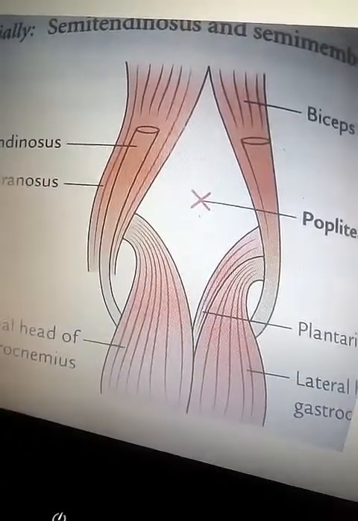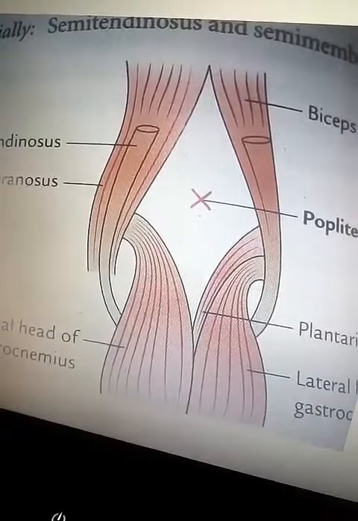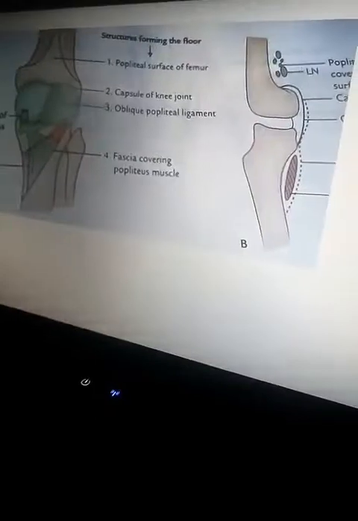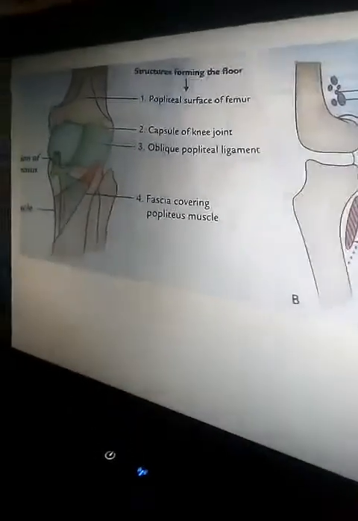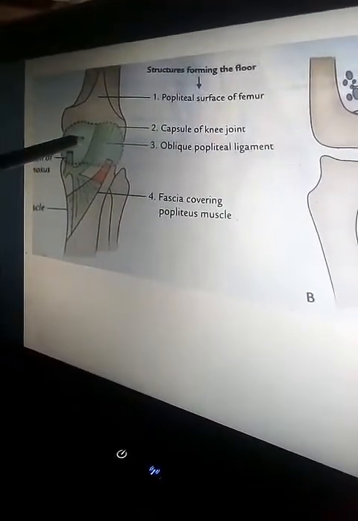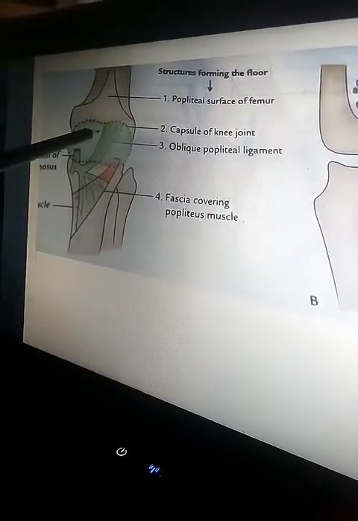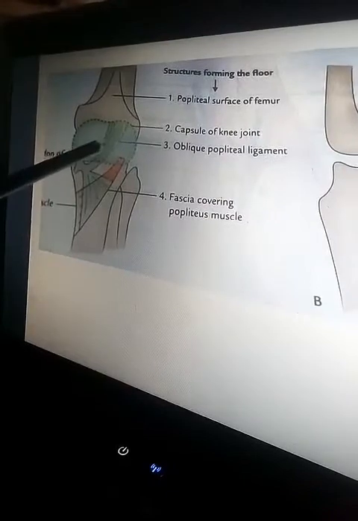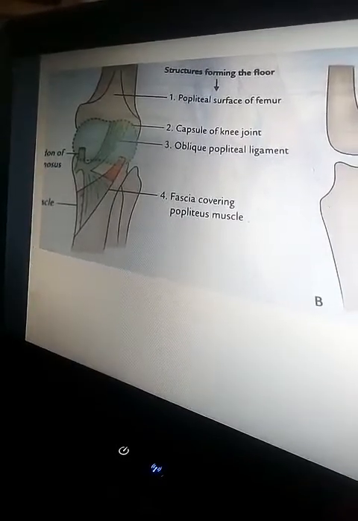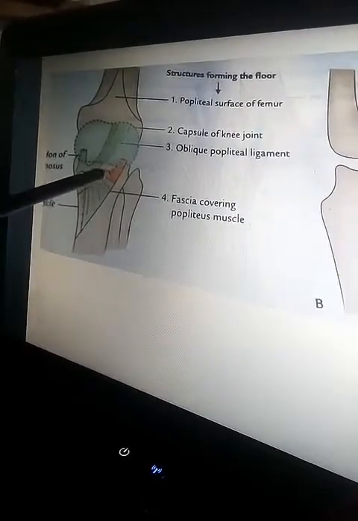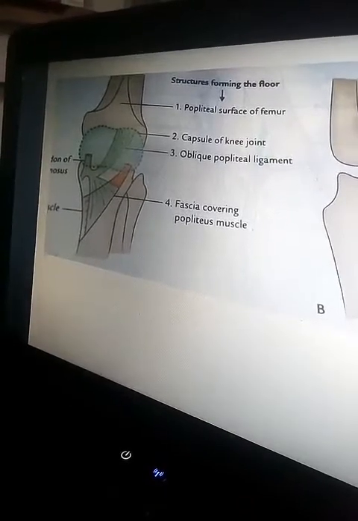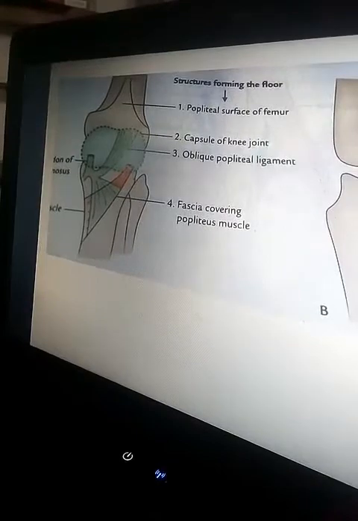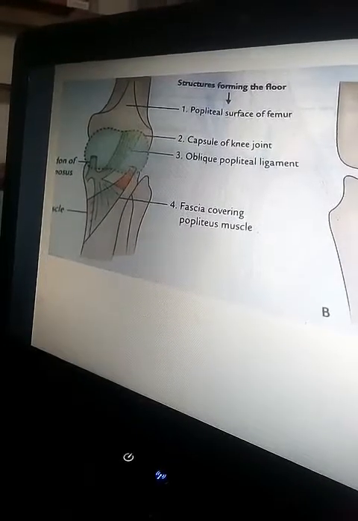Now, the floor of the popliteal fossa is formed from above downwards by the popliteal surface of the femur, the capsule of the knee joint and oblique popliteal ligament, and the popliteal fascia covering the popliteus muscle. The roof or posterior wall is formed from the strong popliteal fascia.